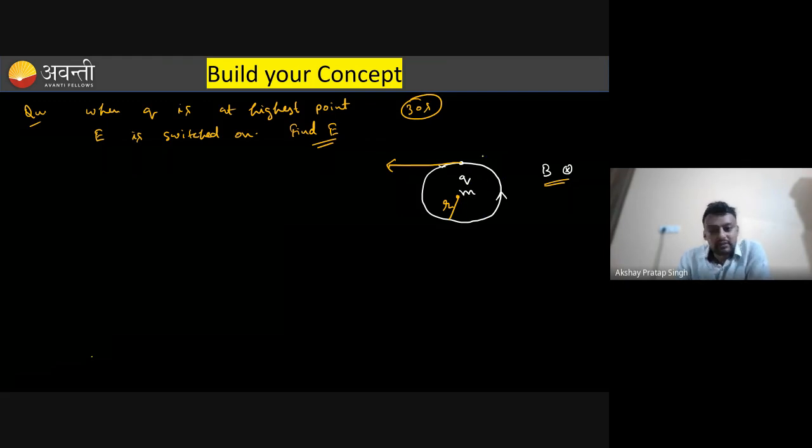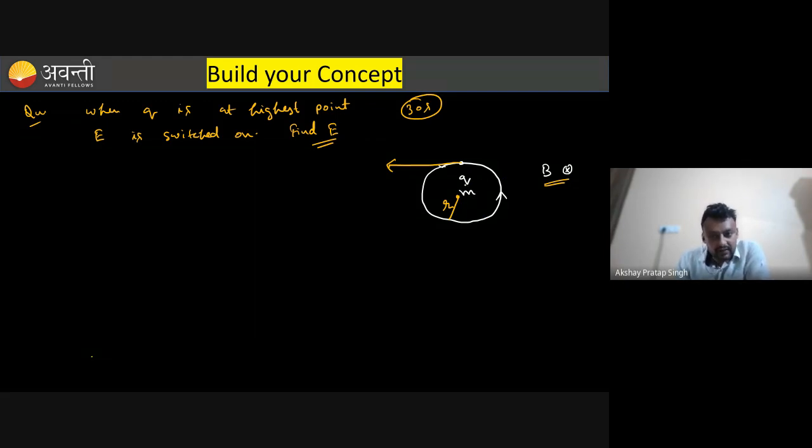Now, the charge of the particle is Q, mass is M, radius is R. Now, suddenly, one electric field E is turned on, and it is seen that the particle starts moving along the tangent from the highest point. So, what will be the magnitude of this electric field? This is the question.